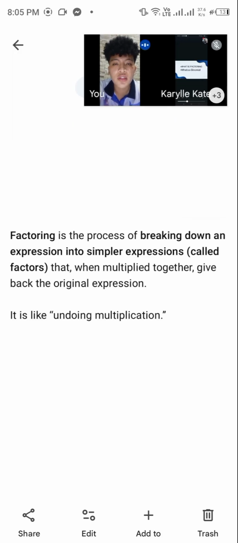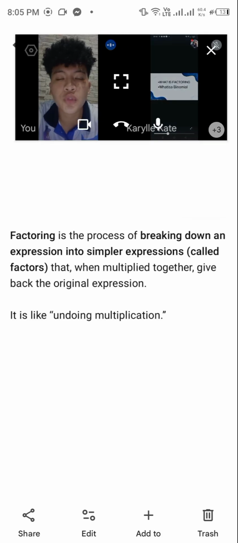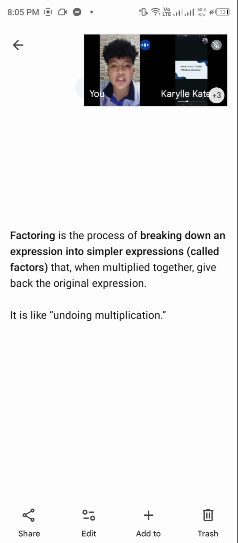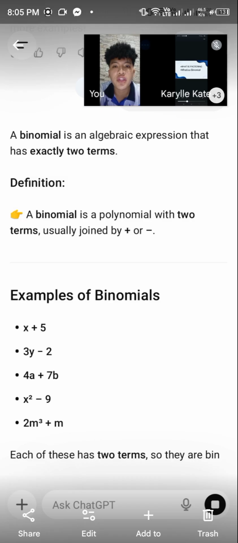Before anything else, we need to know what is factoring and what is a binomial. Factoring is a process of breaking down an expression into simpler expressions called factors that when multiplied together give back the original expression. It is like undoing multiplication. And what is a binomial? A binomial is an algebraic expression that has exactly two terms.